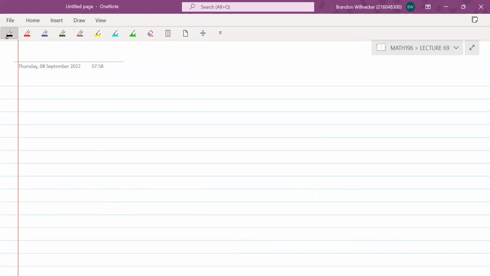Okay, so we'll start off generally with coordinate systems. Everyone should be familiar with Cartesian coordinates. There are actually many more coordinates that you can use.